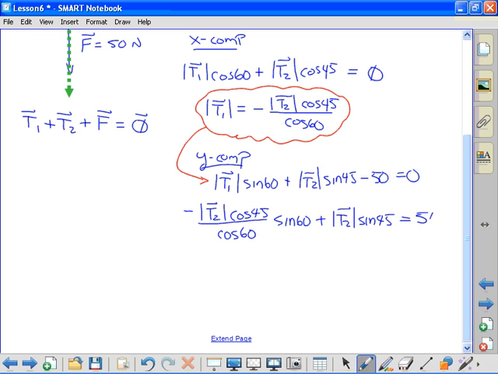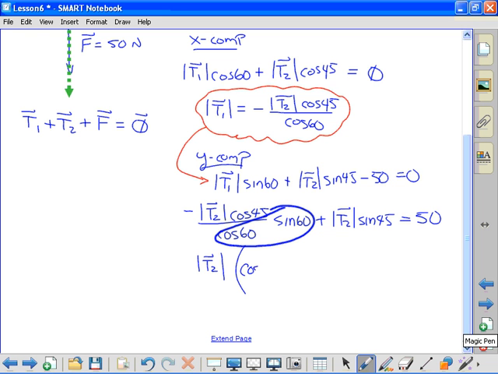I'm going to factor out the magnitude of T2, and what I'm left with is cos 45 sine 60. And what I'm going to do, remember from grade 11 and grade 12 courses, I have sine 60 over cos 60, so that's just tan 60.